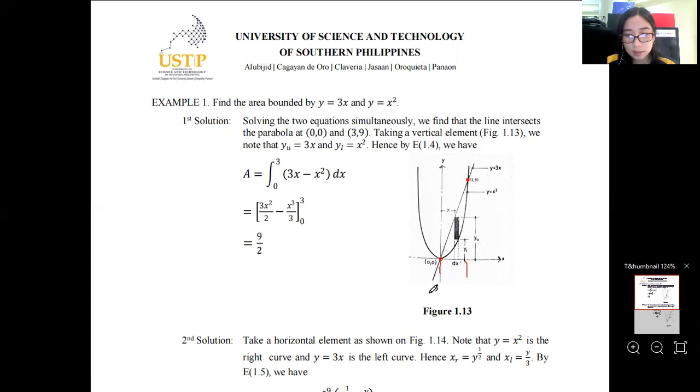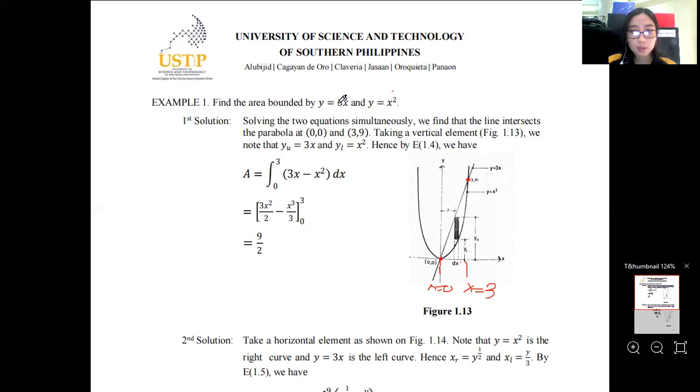From x is equal to 0 and x is equal to 3. Okay? So taking the vertical element, we note that y sub u is 3x and y sub l is x squared.